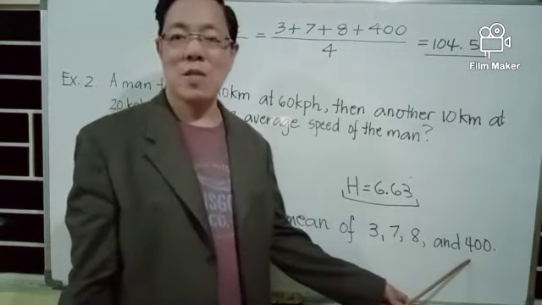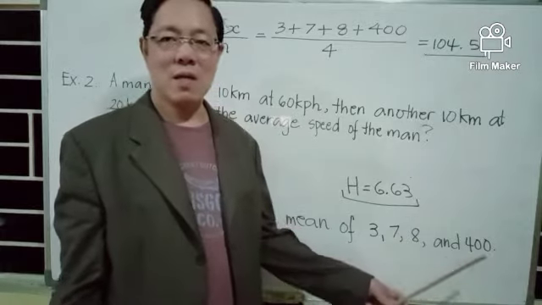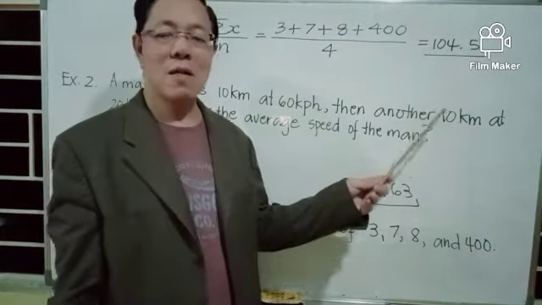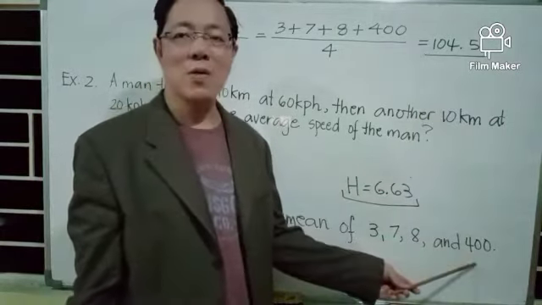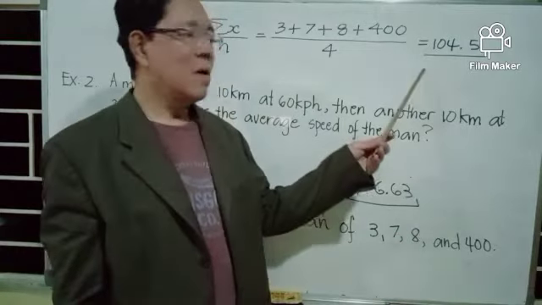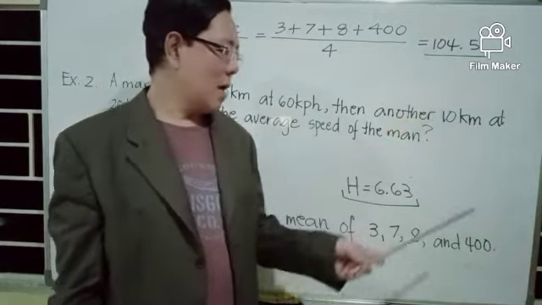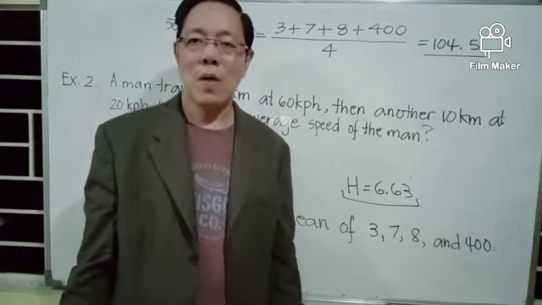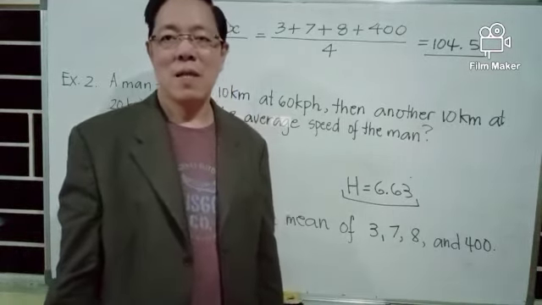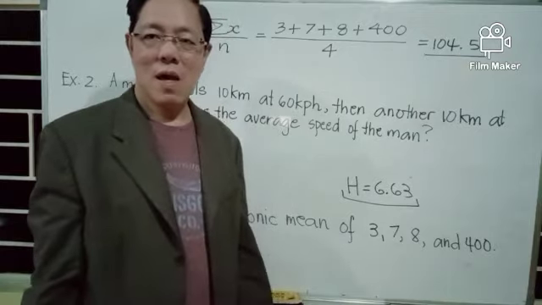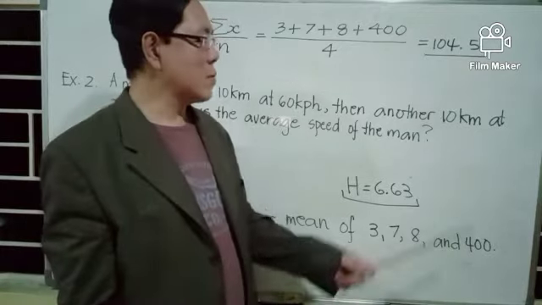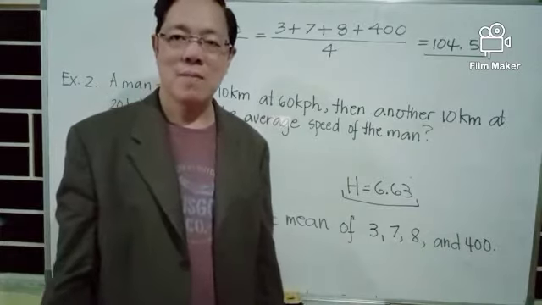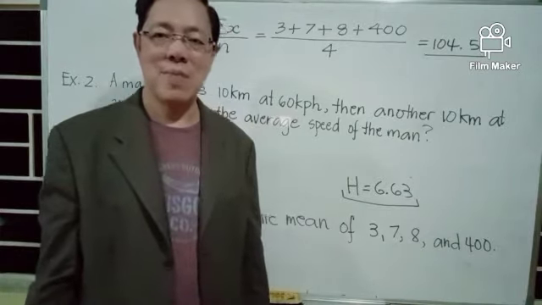If there is an extremely large value in the set of data, this outlier tends to pull up the mean. And if there is an extremely small value, this outlier tends to pull down the mean of the values in the given set of data.